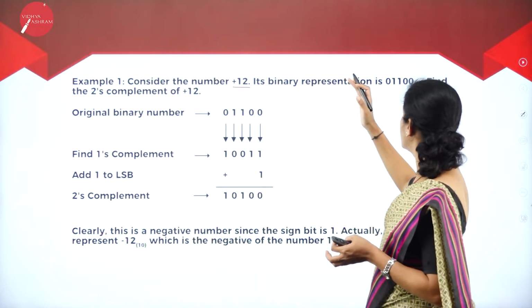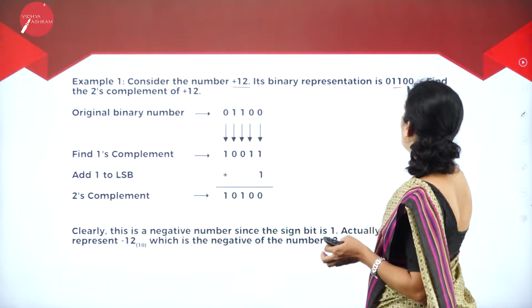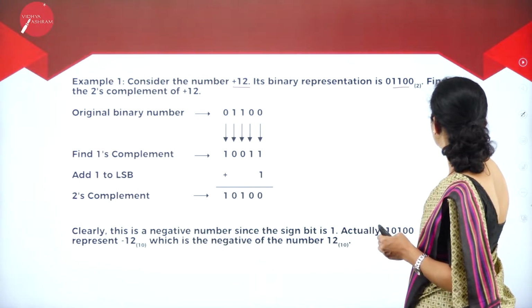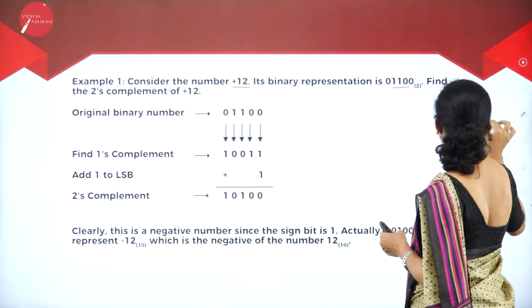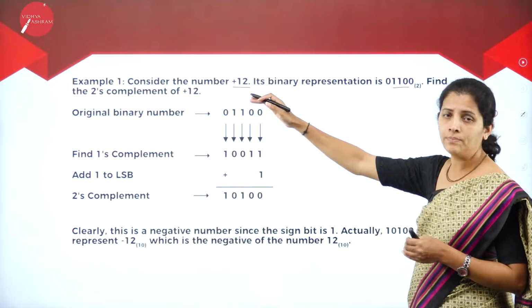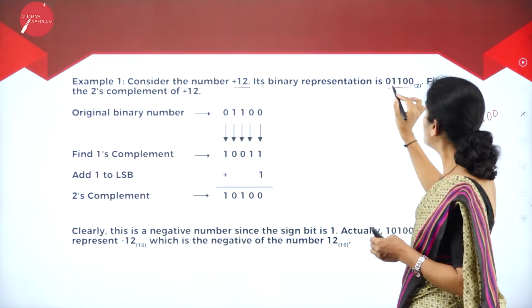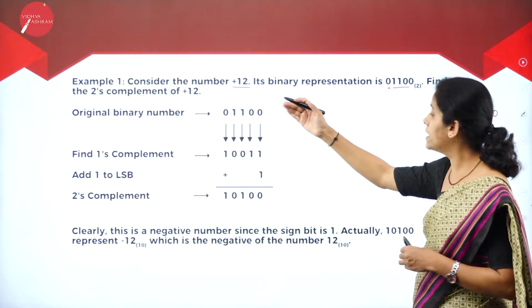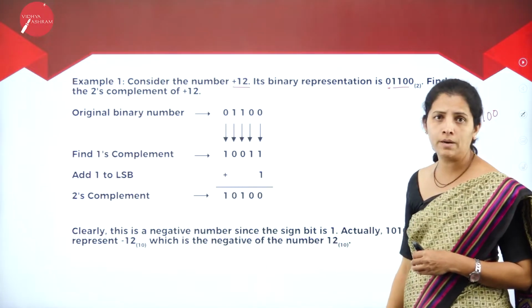Its binary representation is 1100. That means to represent 12, I have 1100, and it is my positive number. For that reason, I am going to write the value 0. Here 0 indicates that it is a positive number.